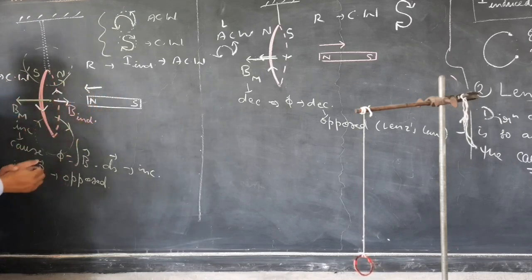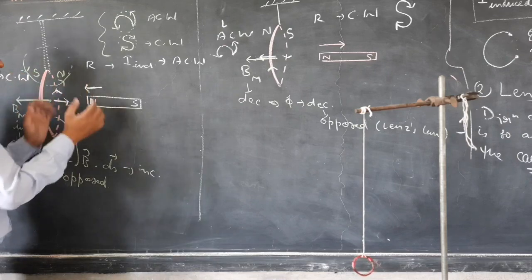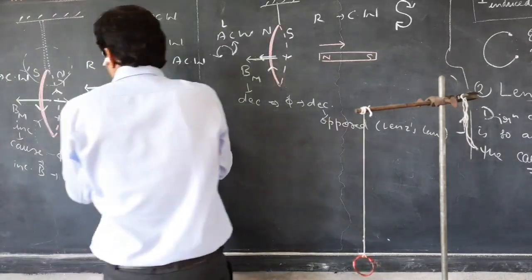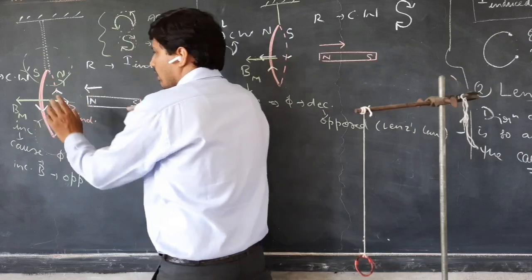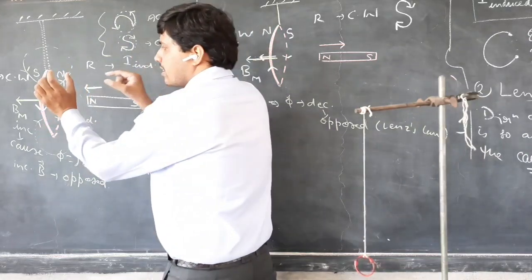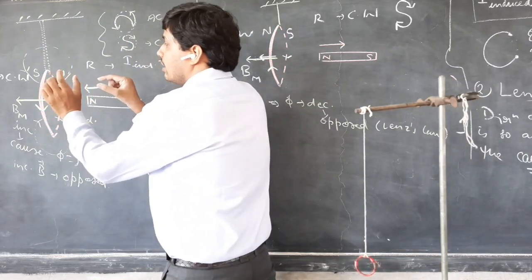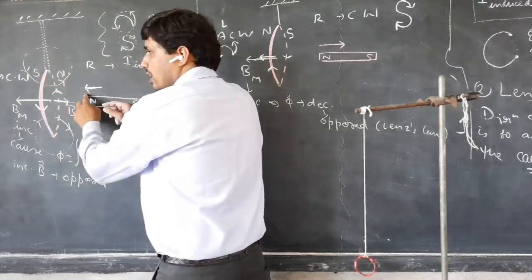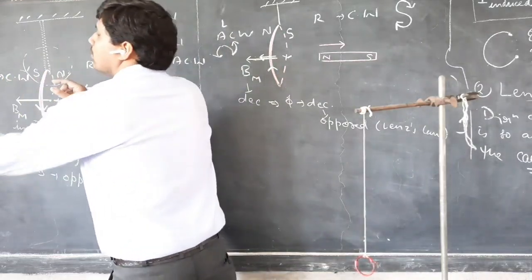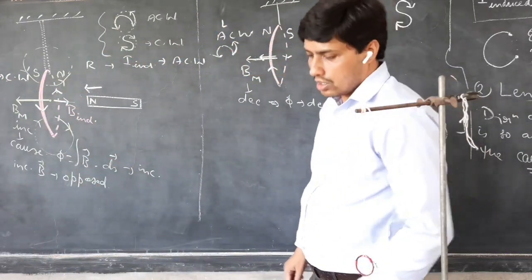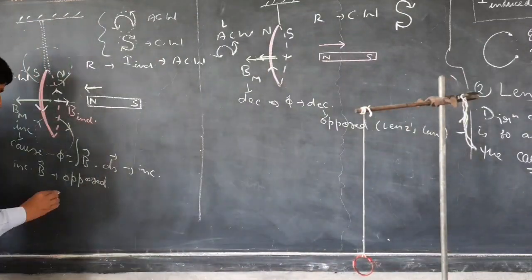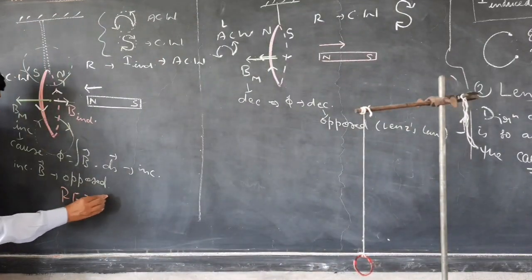That means it is opposing it. If they repel, what is expected to happen if you bring the magnet close to this coil? So if this is the coil, when the magnet comes closer, then because of similar polarity, there will be repulsion, it will be repelled. So there will be repulsion in this case.